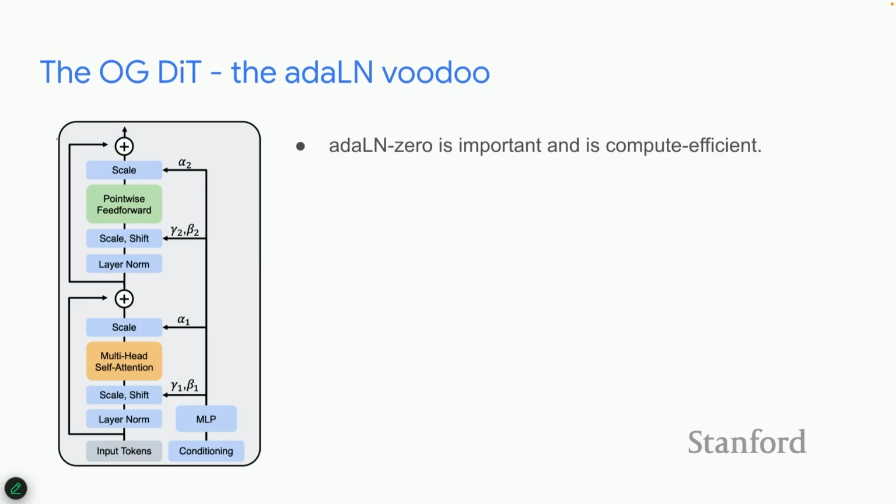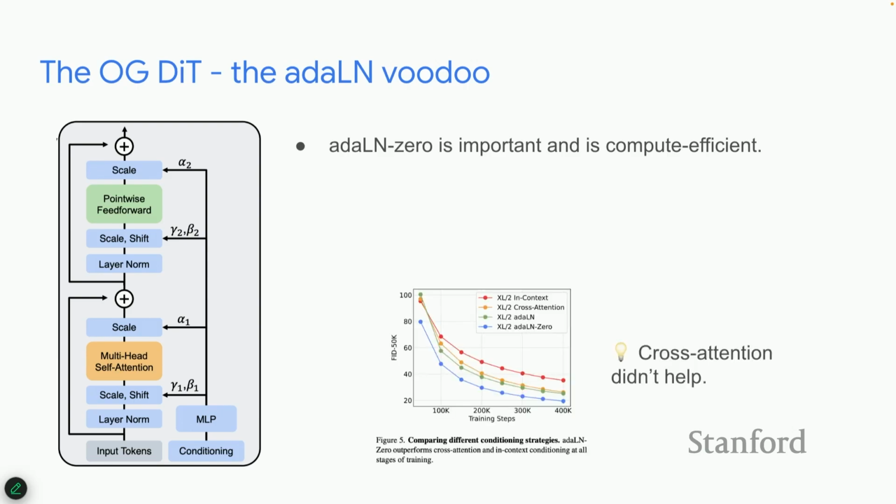Now coming to the adaptive layer normalization thing, it's very important, and it's also more compute efficient. And as I was mentioning, cross attention would have been the natural choice in order to model the dependency between the conditions and the noise inputs, but that's not at all the case if you take a look at the graph. In fact, adaptive layer norm performs the best, and it beats cross attention big time.